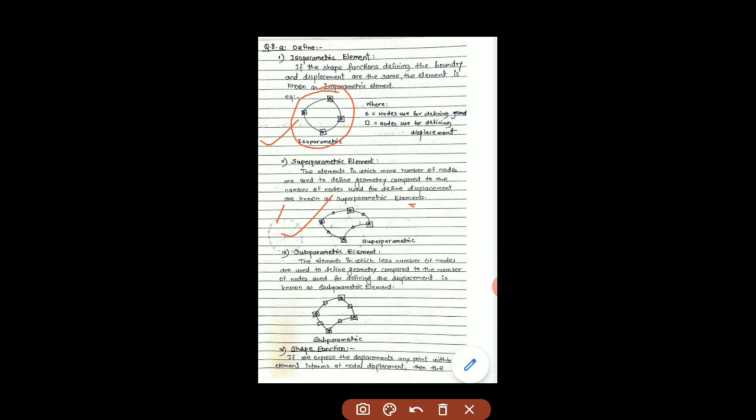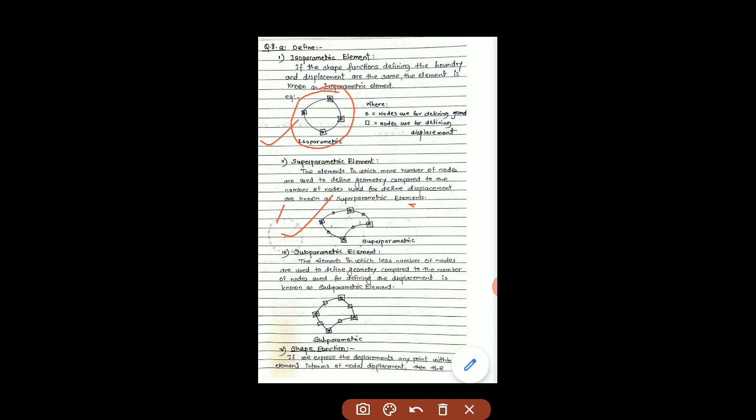Now next is subparametric element. The elements in which less number of nodes are used to define the geometry as compared to the number of nodes used to define the displacement. In superparametric element we have seen there are more number of nodes, and in subparametric element lesser number of nodes are used to define the geometry and higher number of nodes used to define the displacement.